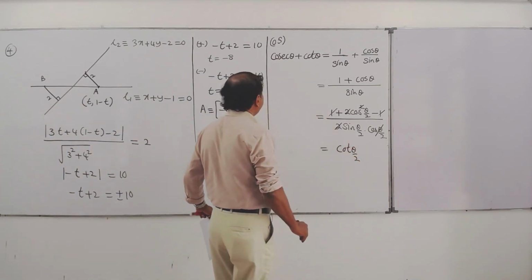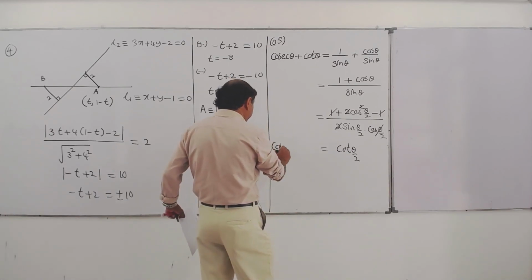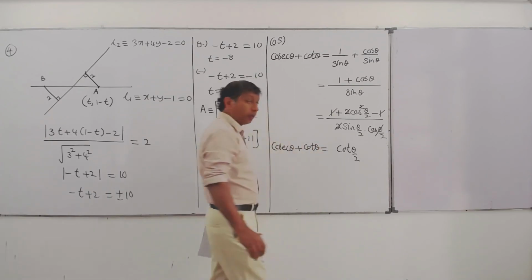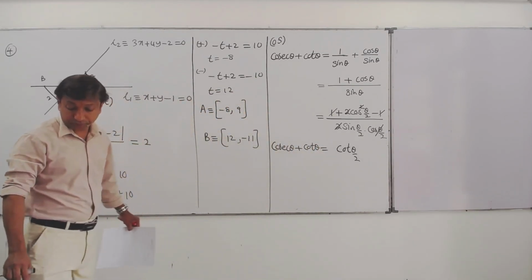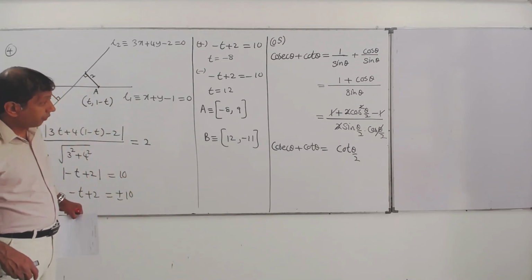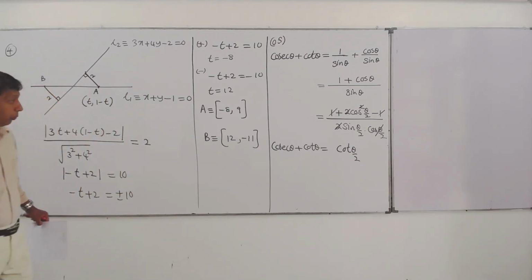Right. It is the left hand side, cosec theta plus cot theta. Okay. Right. That way we can take the answer. Right. Now the first part we prove.